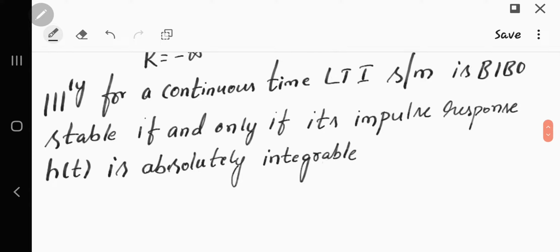So in case of a continuous time system, the impulse response should be absolutely integrable. Then only we say that the system is stable.